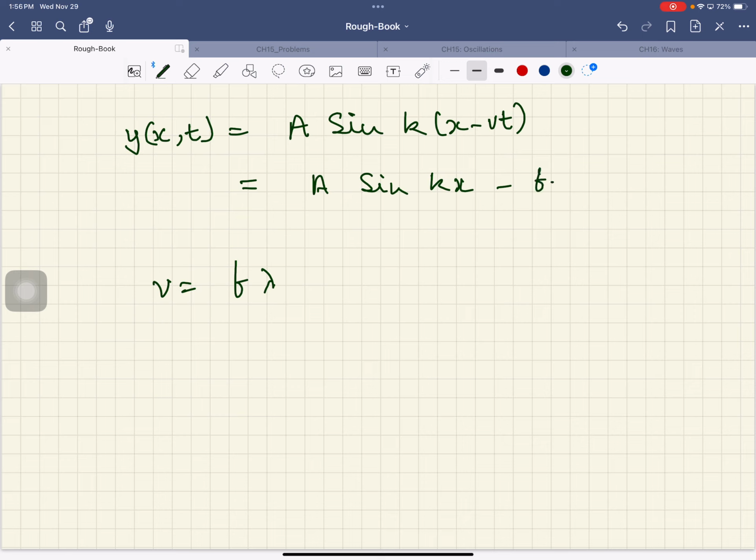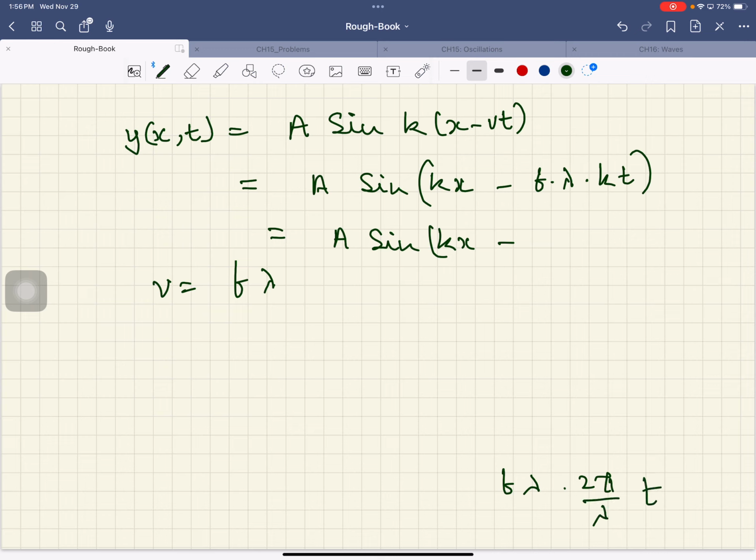So this is sin k(x − vt), where v is frequency times lambda, times kt. And k is 2 pi by lambda, so f lambda times 2 pi by lambda t. The lambda cancels, and it's 2 pi f t. Do you recognize this? What is 2 pi f?